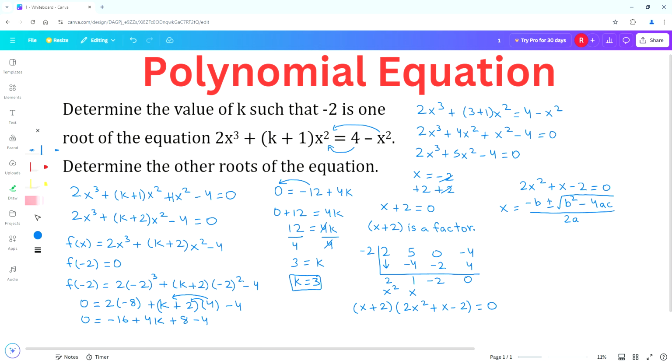This is the quadratic formula. In the quadratic equation, a is equal to 2, b is equal to 1, c is equal to negative 2. We can sub in these values in the quadratic formula.